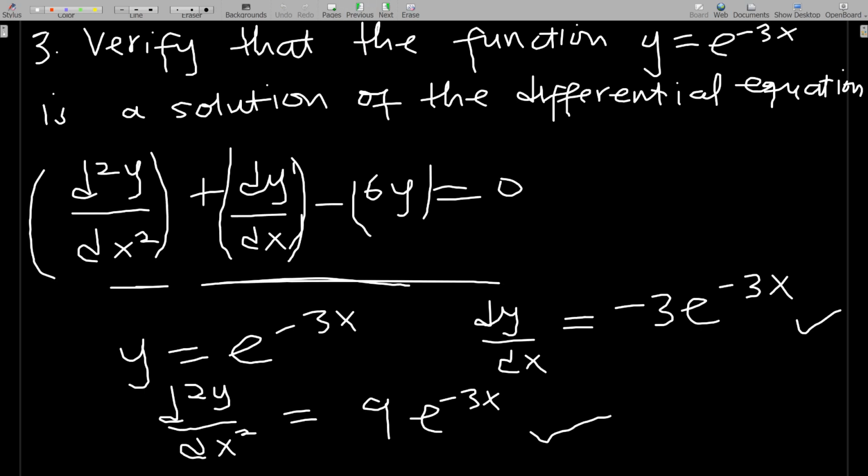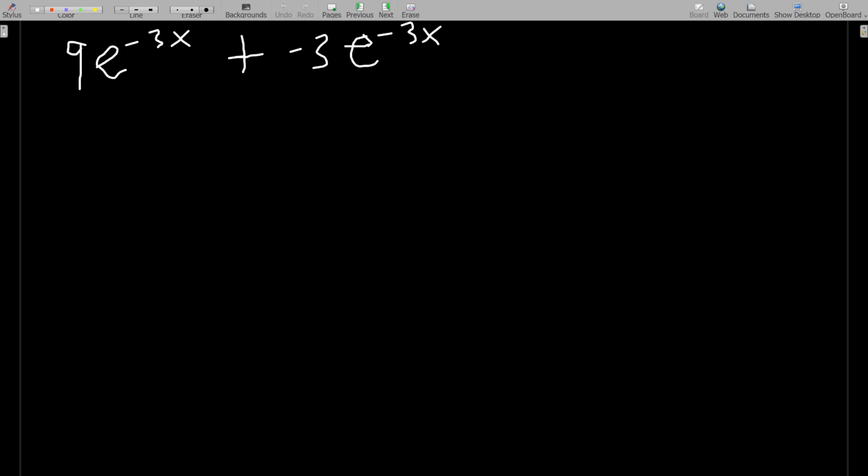I think it's minus 6y. Okay, yes, so minus 6, and y is e to the negative 3x. And we are saying that this should be equal to 0.